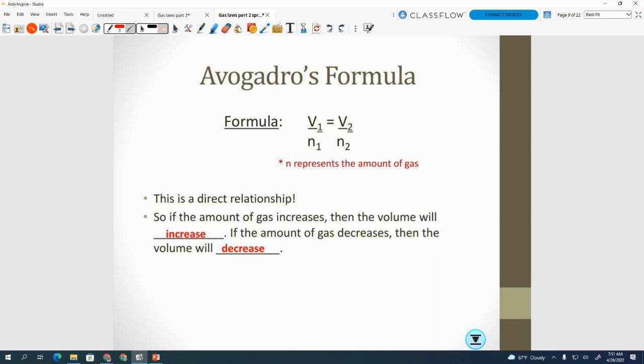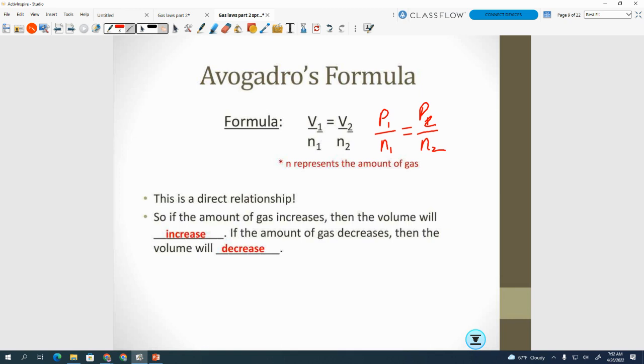So he gave us this formula, V1 over N1 equals V2 over N2. We got that yesterday, so there's no need to copy it down again. But because it's at standard pressure, we also can use it in relationship to pressure. We can use it either way.